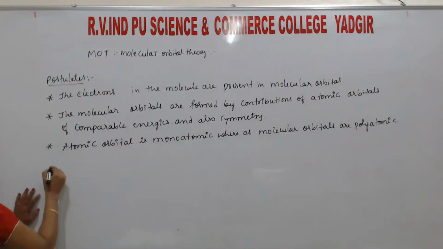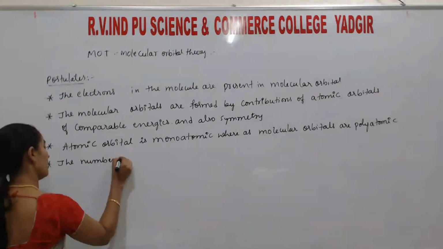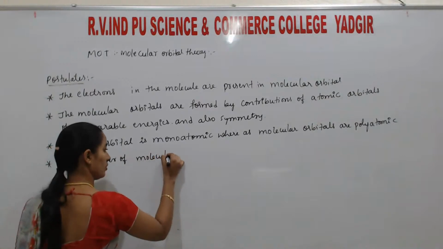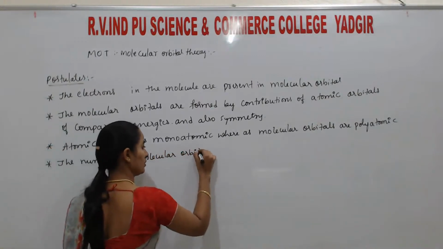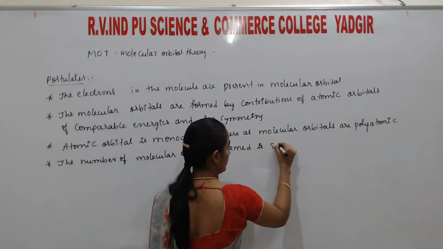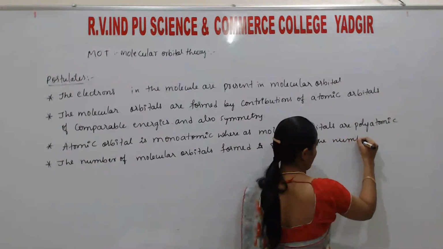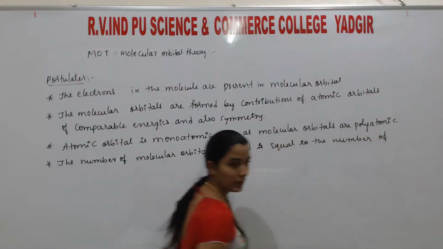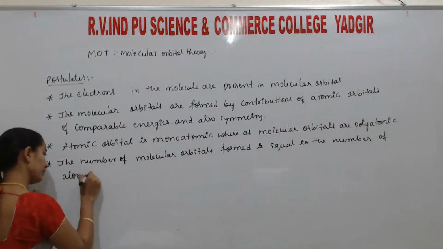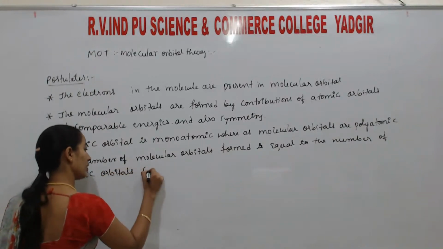Next: the number of molecular orbitals formed is equal to the number of atomic orbitals combined.